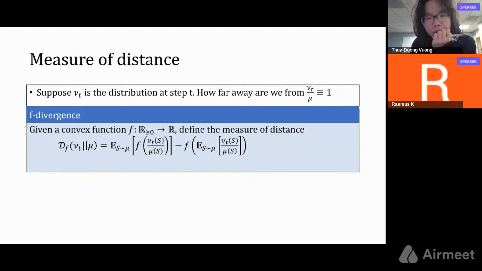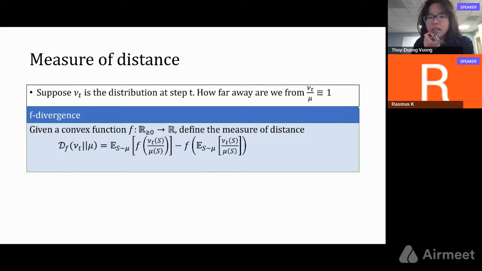Okay, but we would want to formalize this. There's a standard way to formalize this notion of distance. We call it an f-divergence. Given a convex function f, the f-divergence between the distributions nu and mu is defined as the expected value of f evaluated at the ratio nu divided by mu, where the expectation is taken over the states according to the distribution mu, minus f evaluated at the expectation of the ratio.